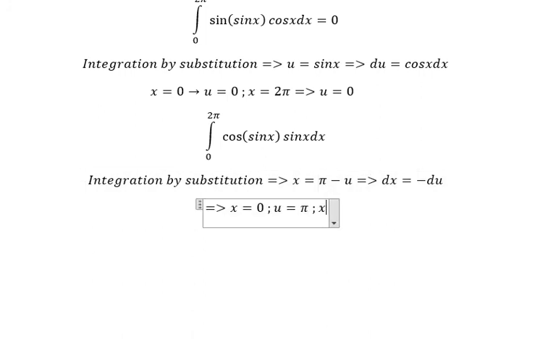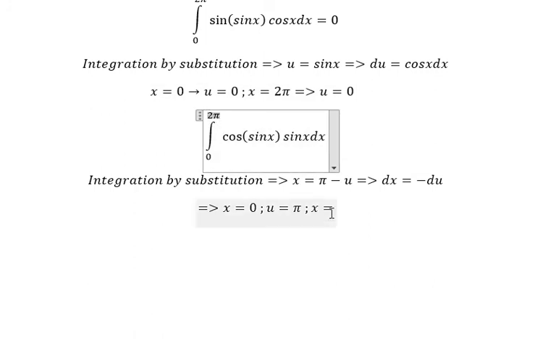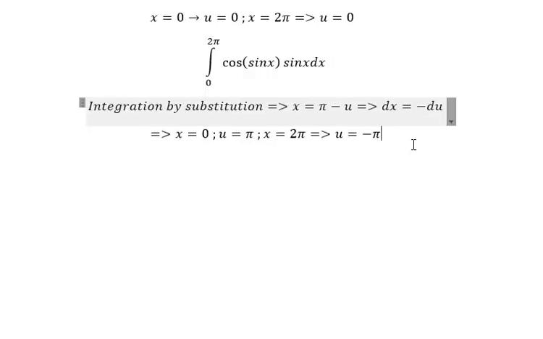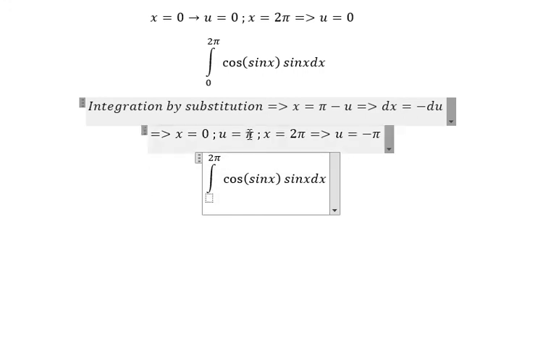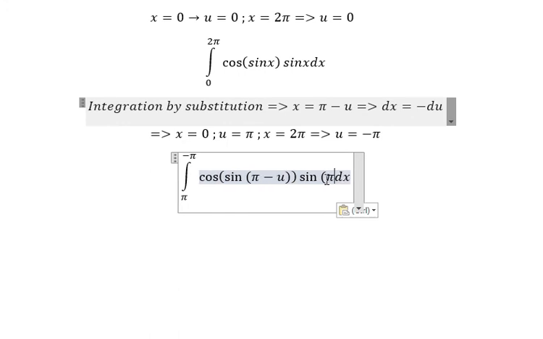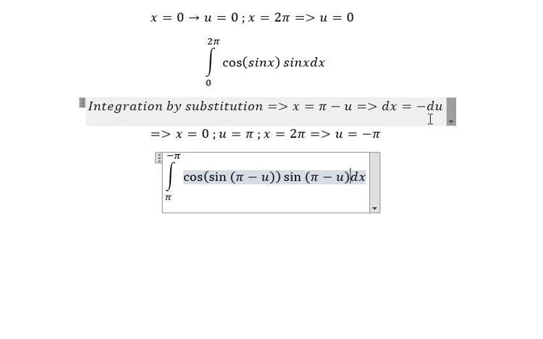If x equals 2π, then u should be equal to negative π. So we need to change this one: this one we change for π, this one we change to negative π, x we change to π minus u, and similarly dx we change to negative du.